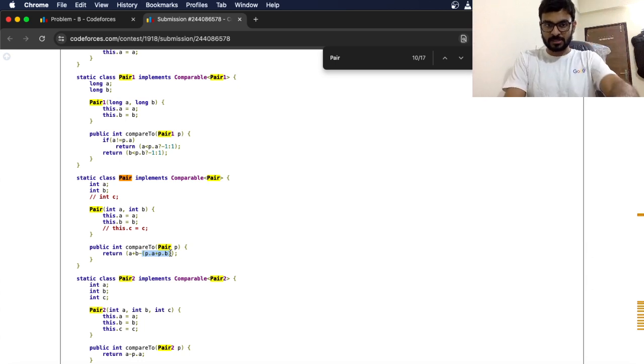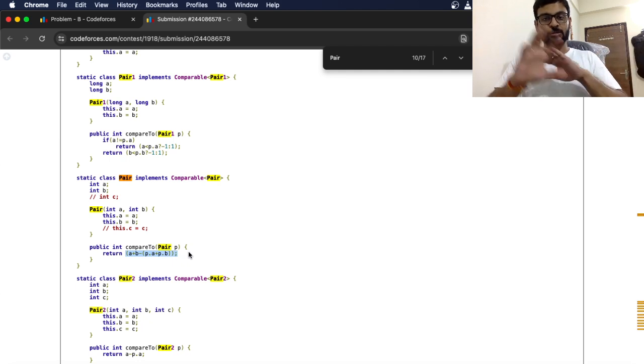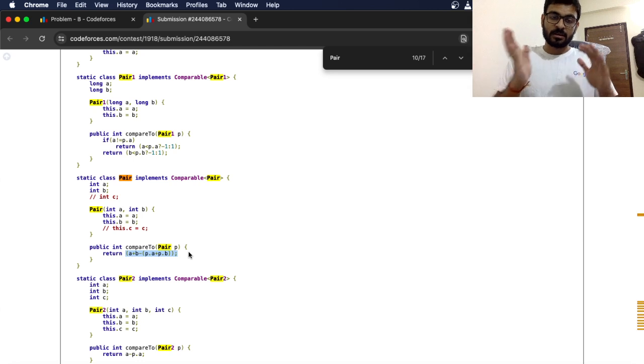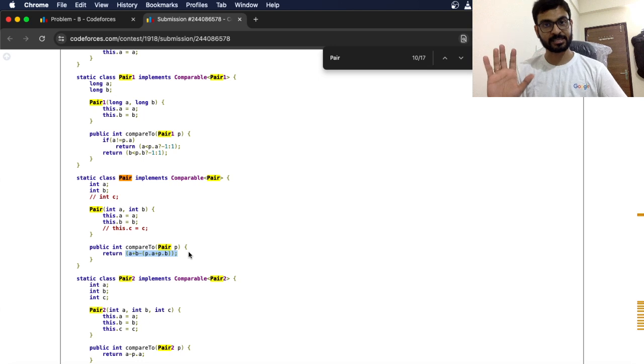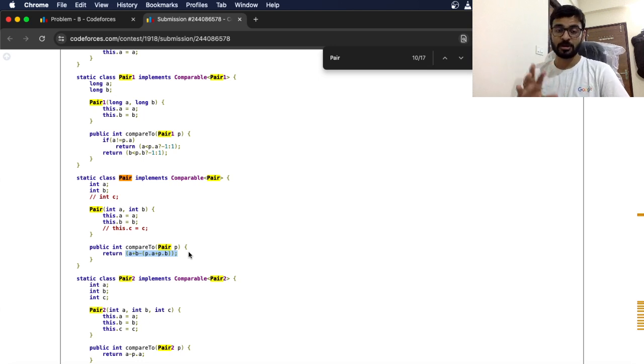If this expression's value is negative, then it will not swap, and if it is positive, it will swap, if you ask it to sort in ascending order. Negative means the ordering is correct, the smaller one occurs before. Positive means it is in descending order and needs to be swapped to bring it to ascending order. That's it.